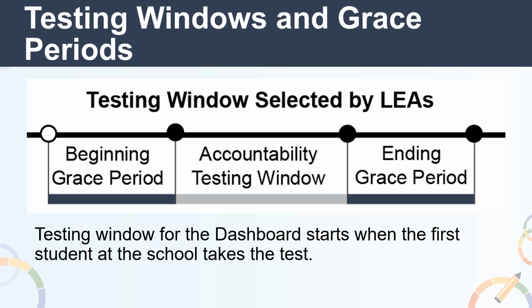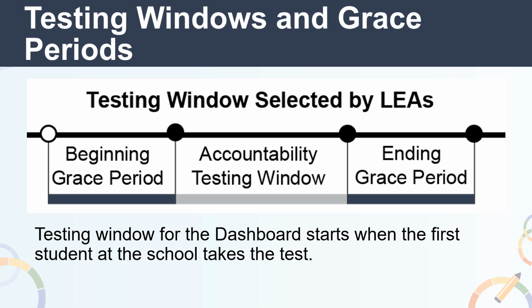Determining a school's accountability testing window is one of the first steps taken to finalize the participation rate denominator. Although LEAs set their own testing window for the CAST and CAA in the TOMS Test Administration Setup module, for dashboard accountability purposes, CDE determines what is called an accountability testing window for each school in an LEA.